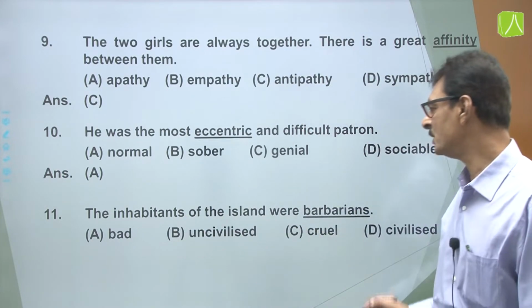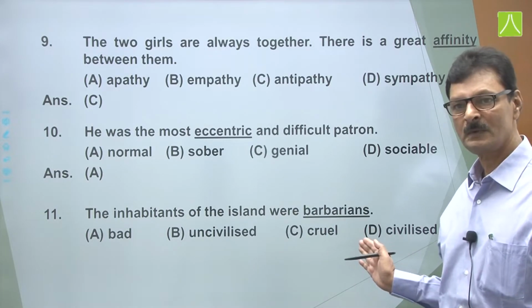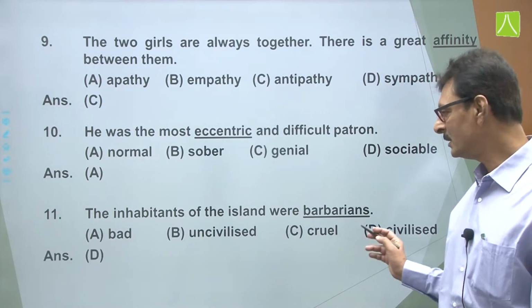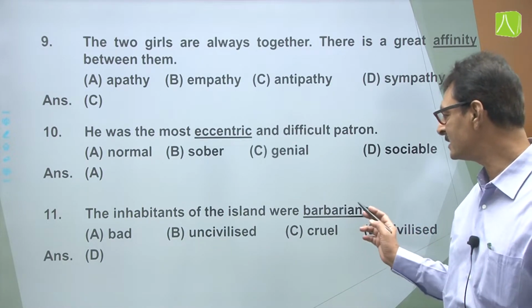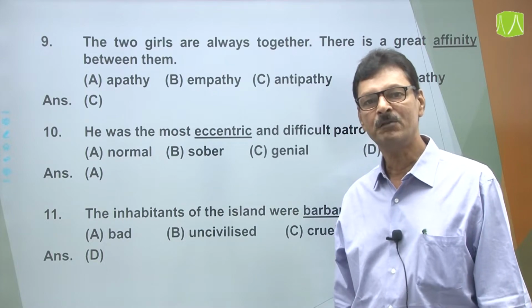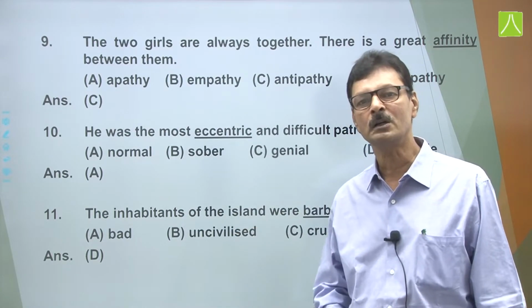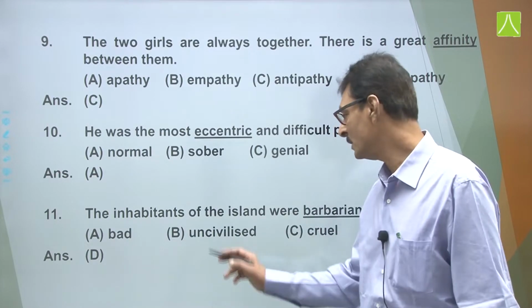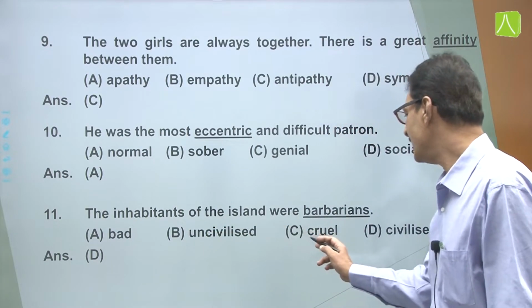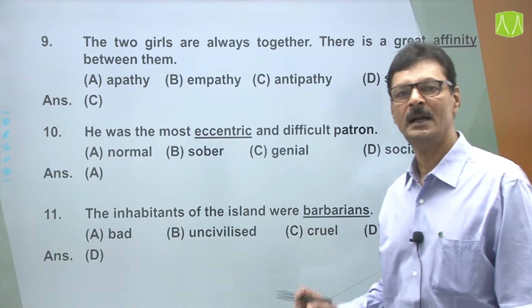The options are bad, uncivilized, cruel or civilized. What should be the correct option? The correct option is civilized, that is option number D. So, D is the antonym for the word barbarians, which means uncivilized or cruel. Option B and C are the synonyms of barbarians and option D is the antonym.